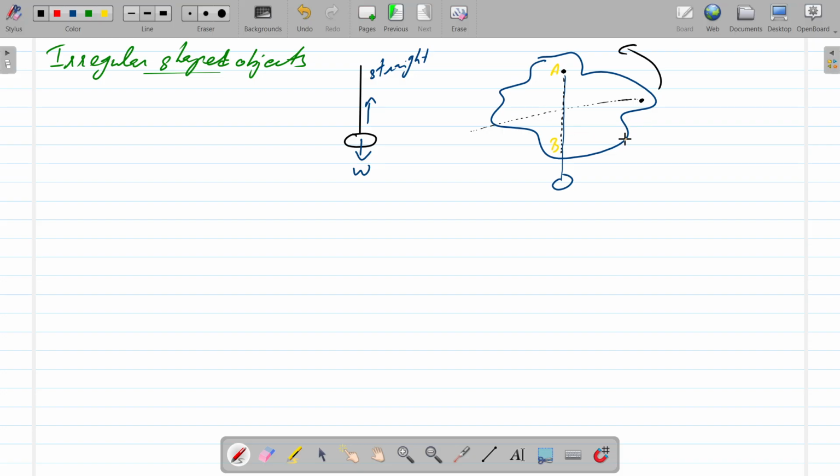You can hang it from here, and as many lines as you take, whatever the shape of the object is, obviously it's irregular, you will notice that the more lines you take, they will all be intersecting at one point, and that point of intersection is the center of gravity for an irregular object.